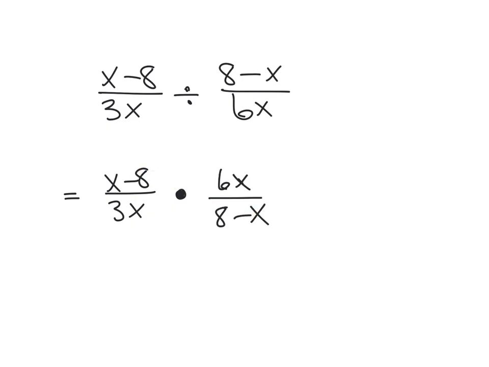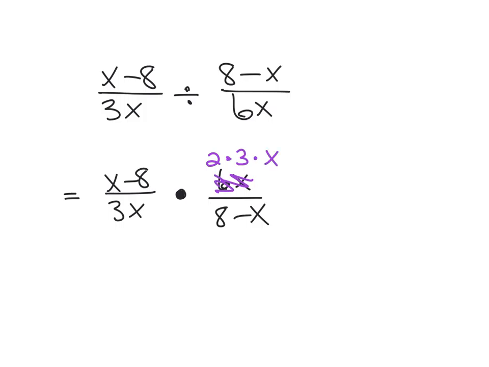All right, and here's why you need to know that x minus 8 and 8 minus x are not the same, because otherwise we would be able to cross them off or cancel them out, but they're not the same, so we cannot cancel them out. But I do want us to notice that 6x can be thought of as 2 times 3 times x.